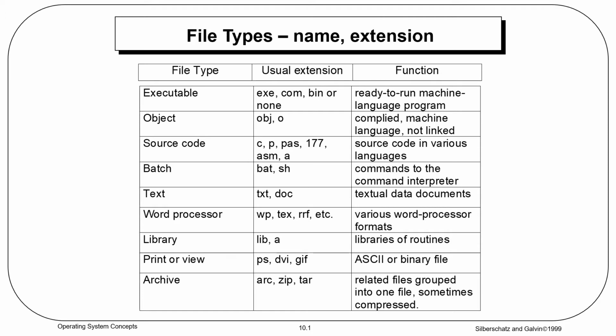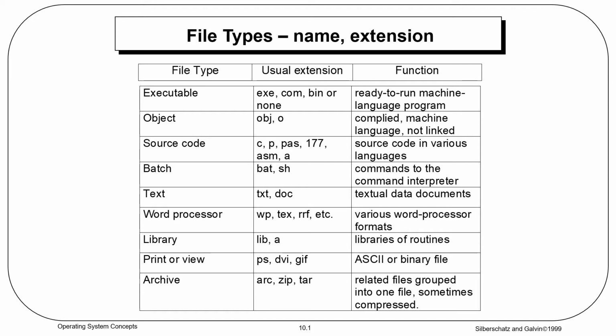For example, abc.txt. The system always uses the extension to indicate the type of the file and the type of operations that can be done on the particular file.